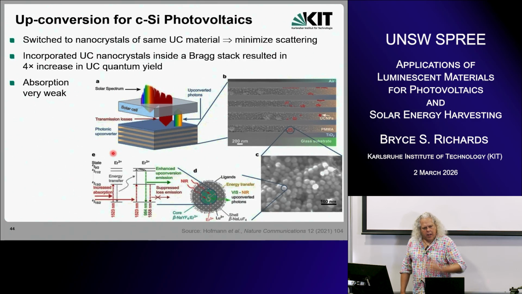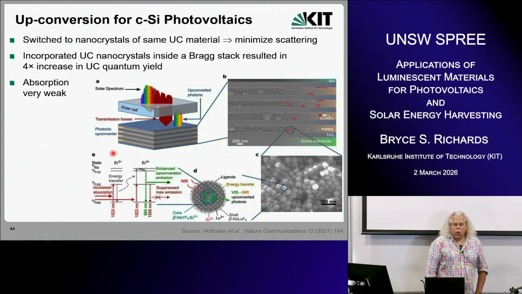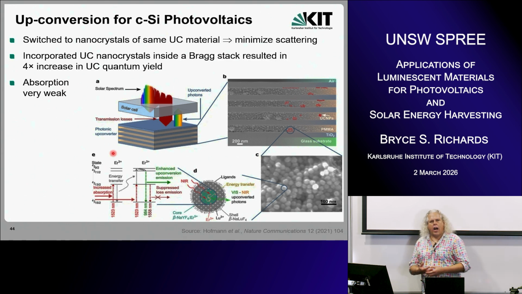This again was a collaboration with Jan Goldschmidt, where we looked to put upconversion materials inside a Bragg stack. So this is your classic high-low refractive index stack. The high refractive index layer was ALD-grown titanium dioxide. And here you see lots of little points. These are nanoscale phosphors inside a polymeric layer that was spin coated.